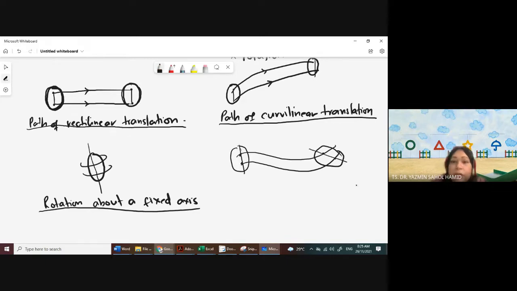Okay. So this is what we call general plane motion. And what is general plane motion? A general plane motion is subjected where it undergoes a combination of translation and rotation.